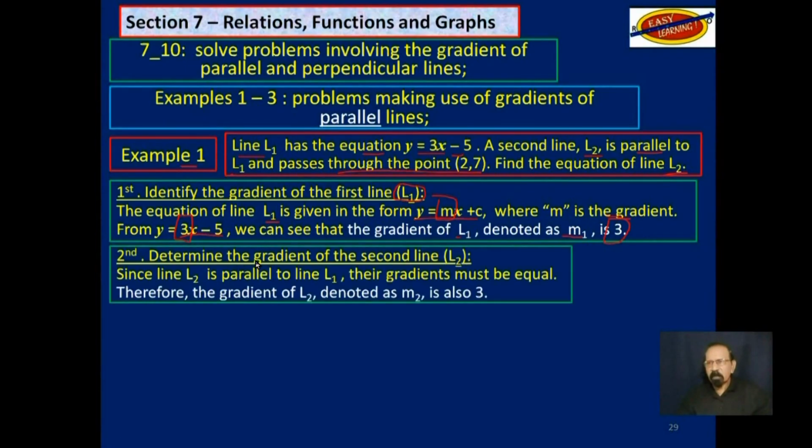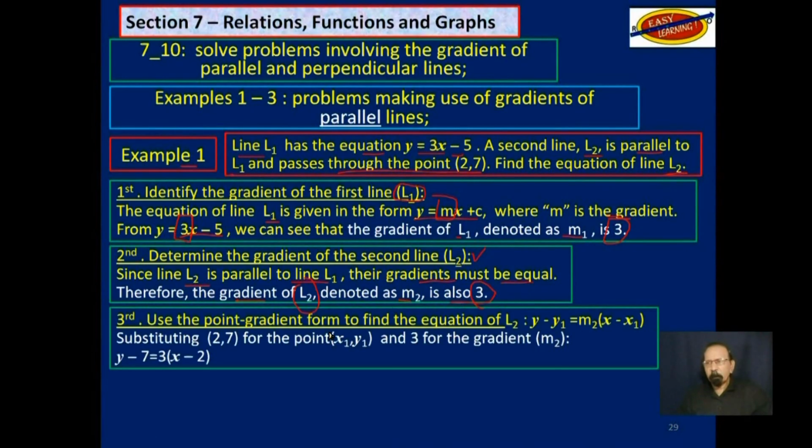So we know the gradient of L1. Secondly, determine the gradient of the second line, L2. Since line L2 is parallel to L1, their gradients will be the same, will be equal. Therefore, the gradient of line L2, denoted by m2 to differentiate it from m1 of L1, is also 3. Thirdly, we will use the point-gradient form: y minus y1 is equal to m2 times (x minus x1).